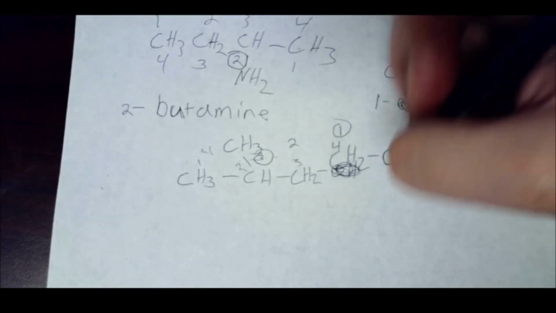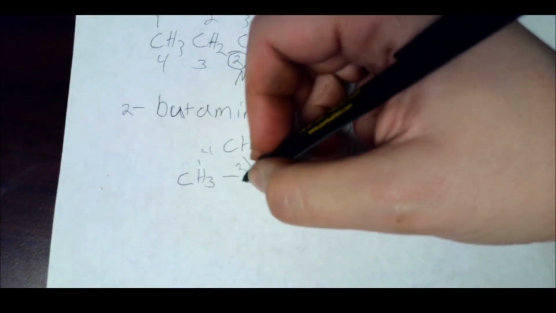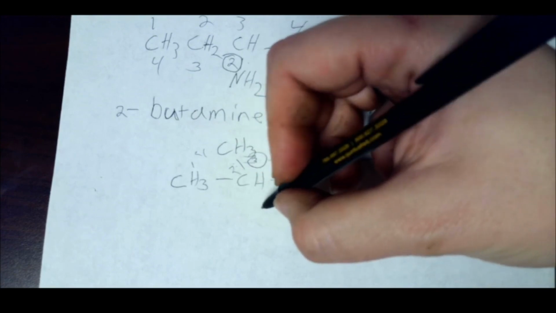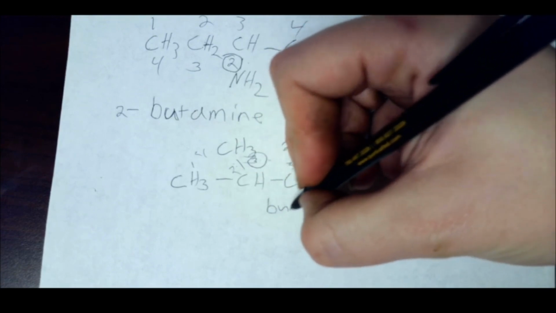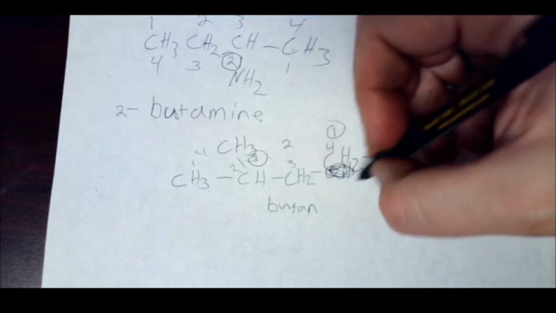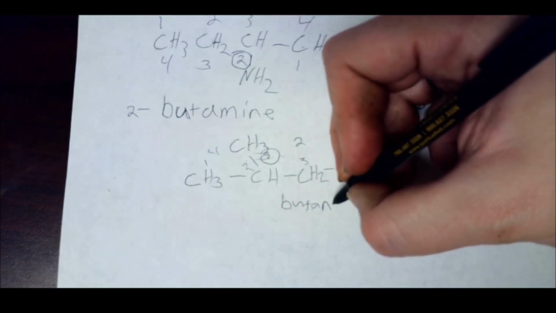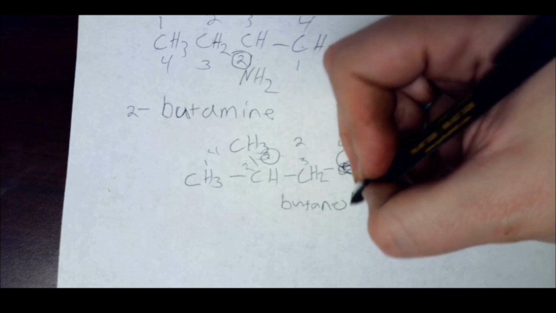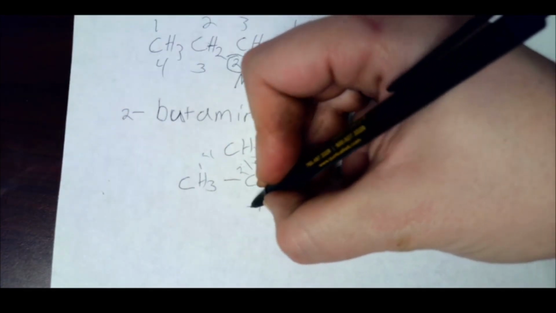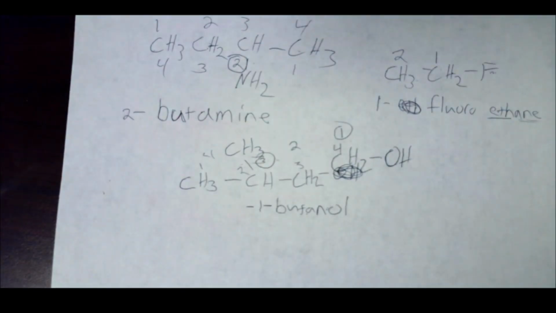So since the longest chain without branching off is 4 carbons, this is going to be a but-. Because there's no double bonds, it's an ane. But because there is an alcohol, we call it butanol. So where does the butanol come? Butanol comes in the 1 position, 1-butanol.